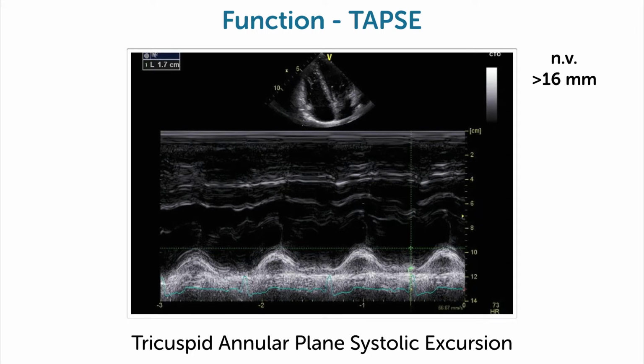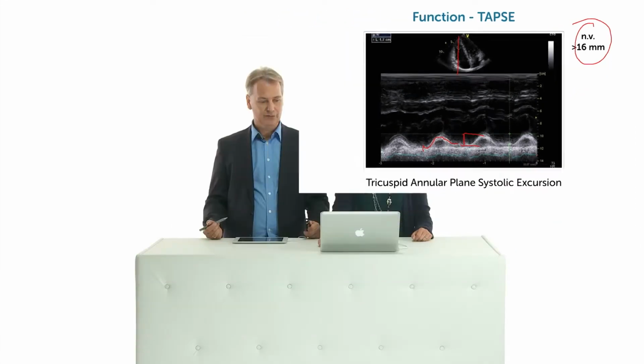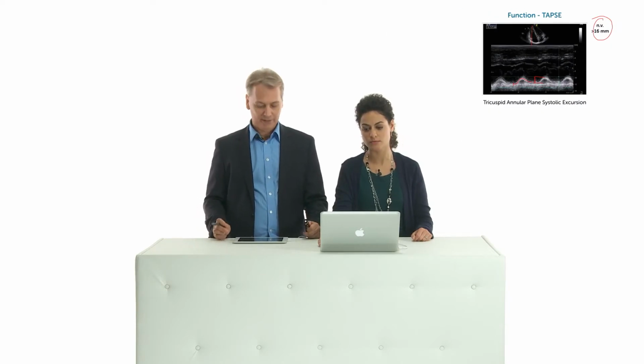You put the M mode tracing here into the annulus of the tricuspid plane, and then you get these excursions, and you would simply measure from here to here. This distance is the so-called TAPSE, and in this case, we get a value of, I guess, 17 or so, so above 16, a normal TAPSE.